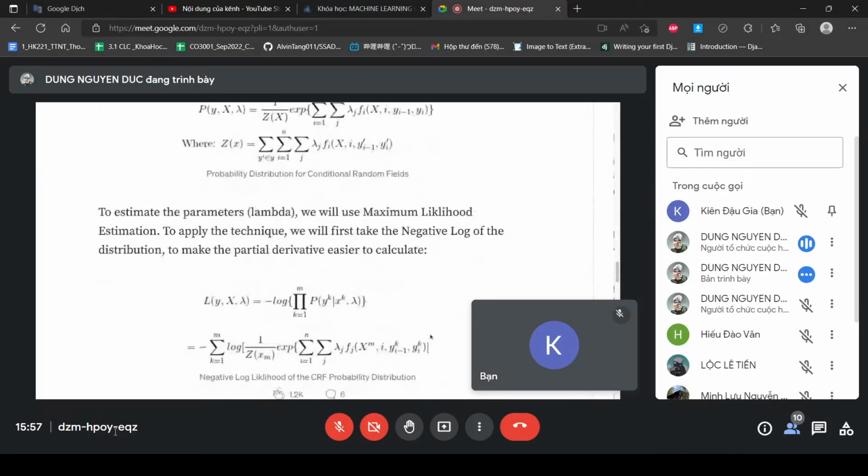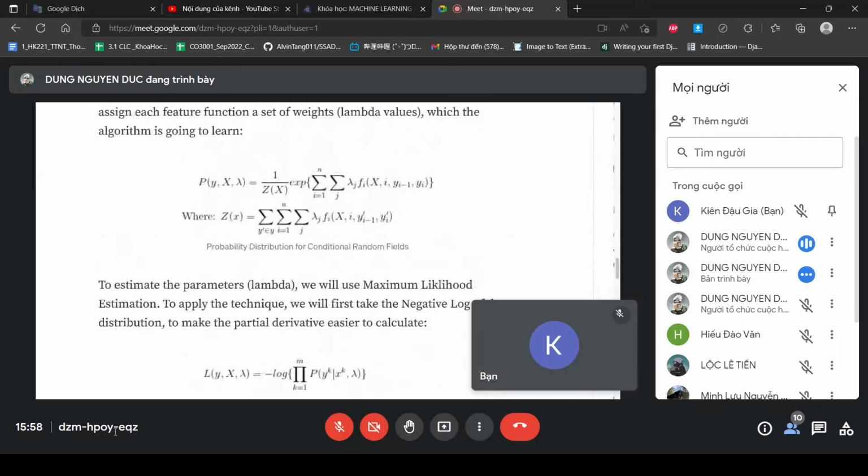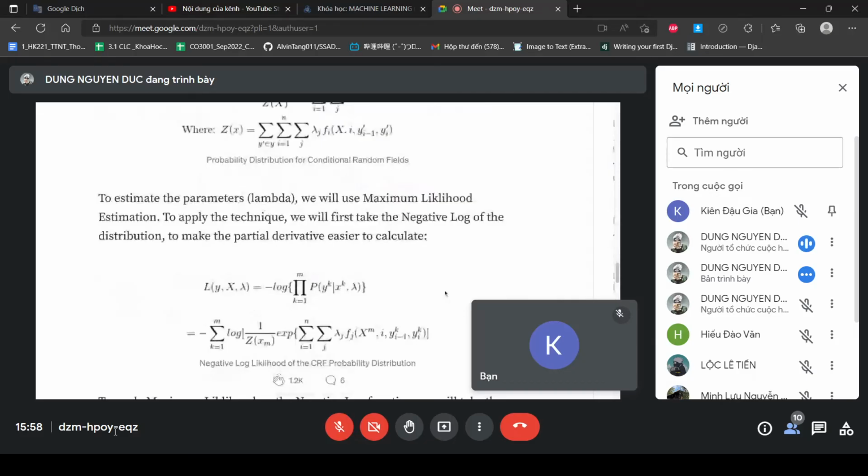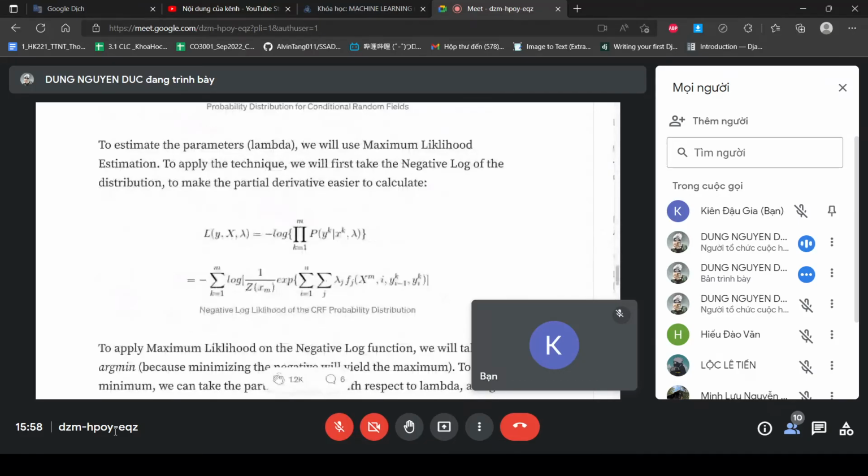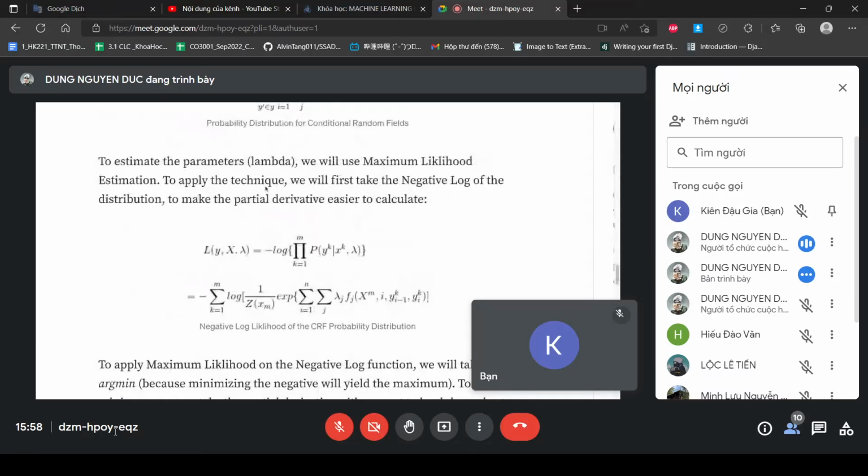So what we do now is try to estimate the parameters lambda, because as I mentioned earlier, you define the feature function, so you don't know which feature is important or not important. Therefore, you set up the weight lambda j for each feature. And because of that, we now have to estimate the lambda weights using maximum likelihood estimation.